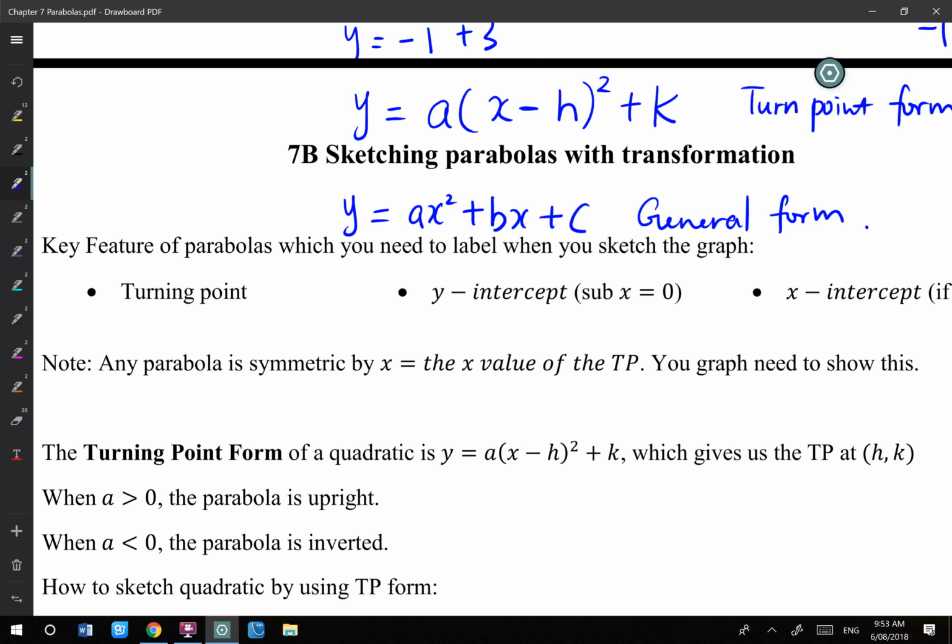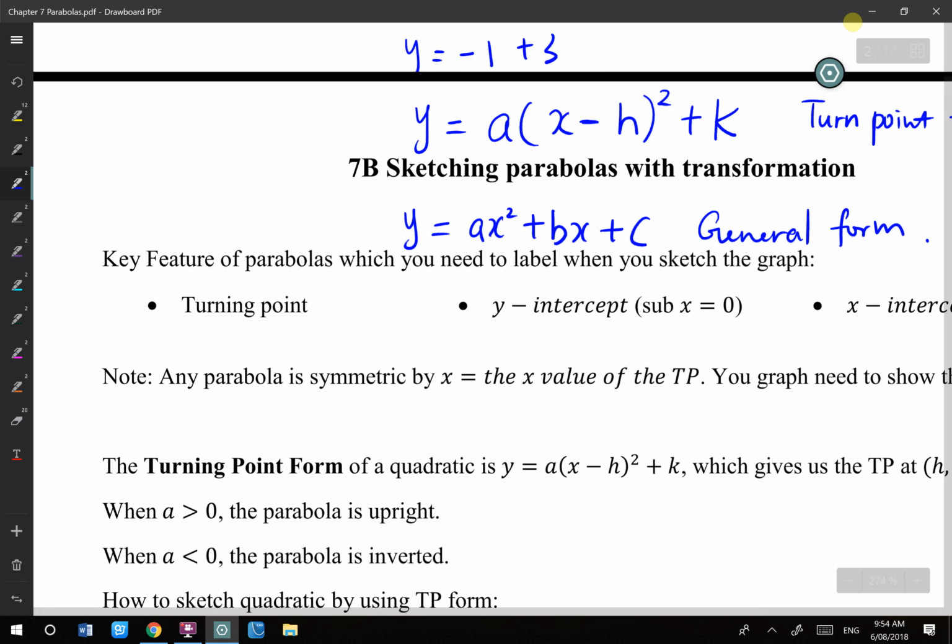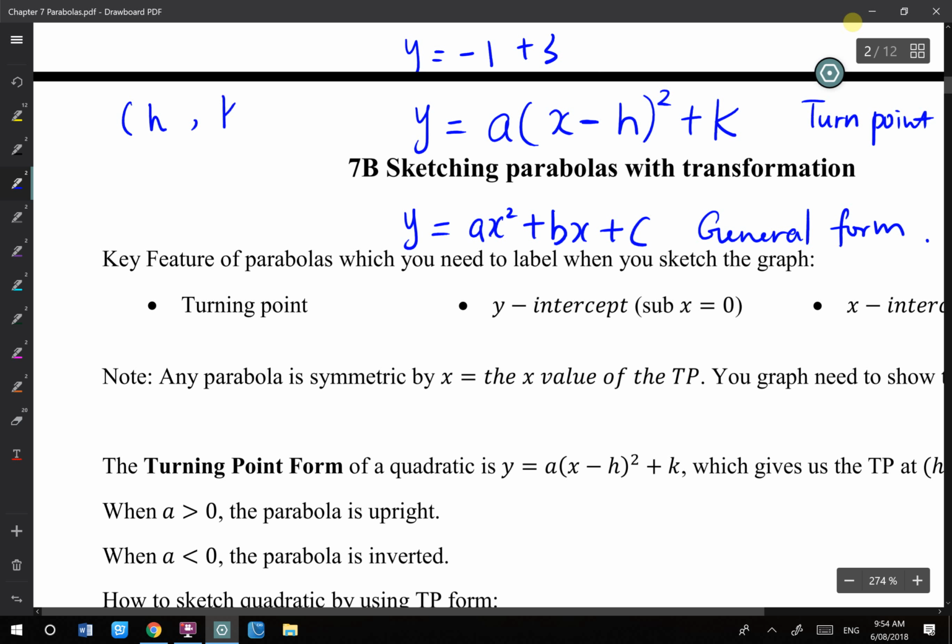Do you know why it is called the turning point form? Yes, Michelle, that's correct. You can see the turning point directly from the turning point form. You can tell your turning point easily like that. So the turning point for this one will be h comma k.